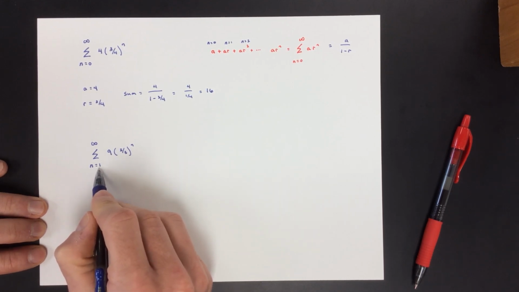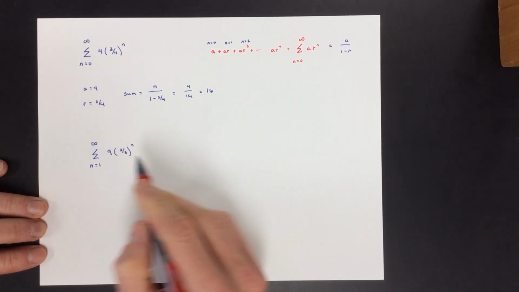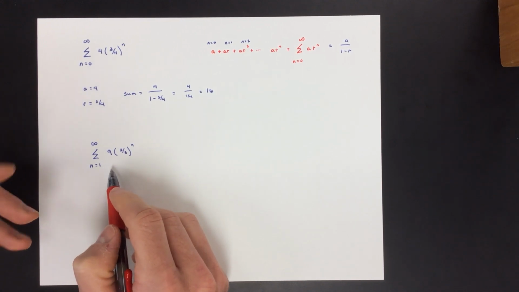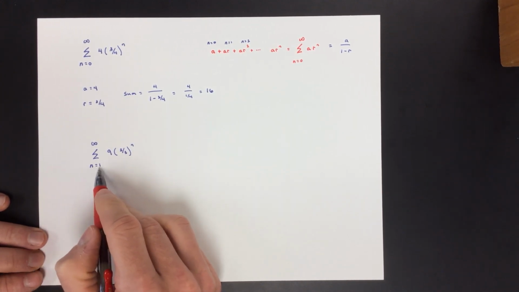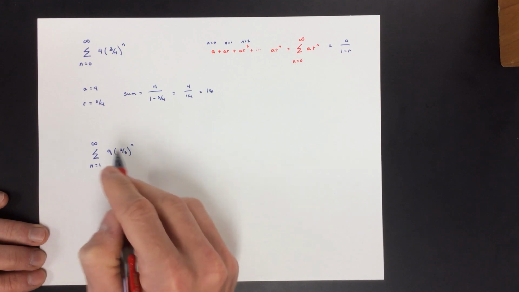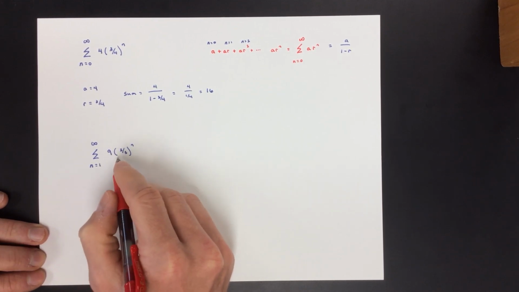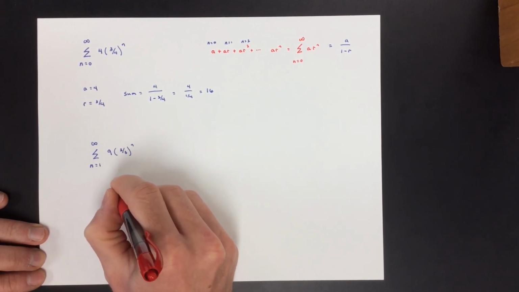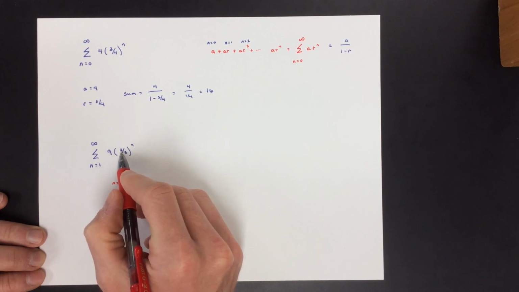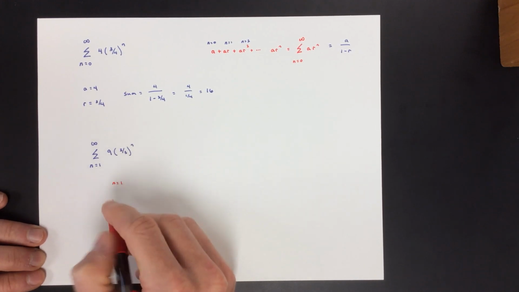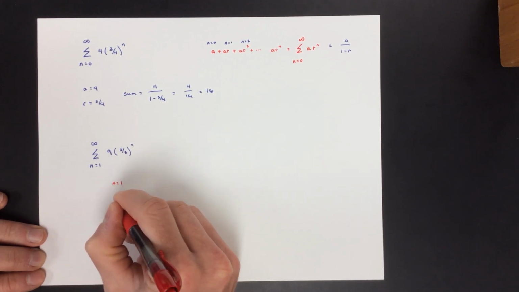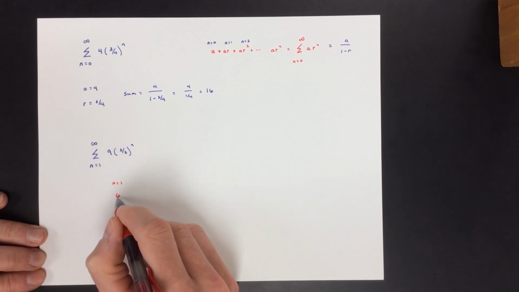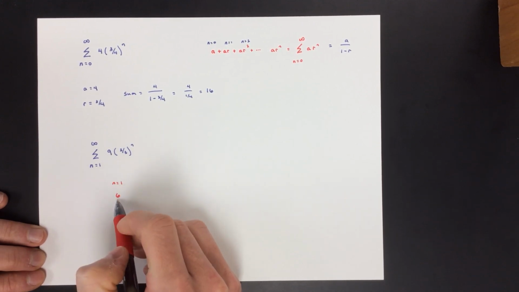This is n equals 1. So if you think about it, what is your first term? Well, the first term in the sequence is when n equals 1, which produces 2/3 times 9, which is 6. So our a value is not 9, our a value is 6.